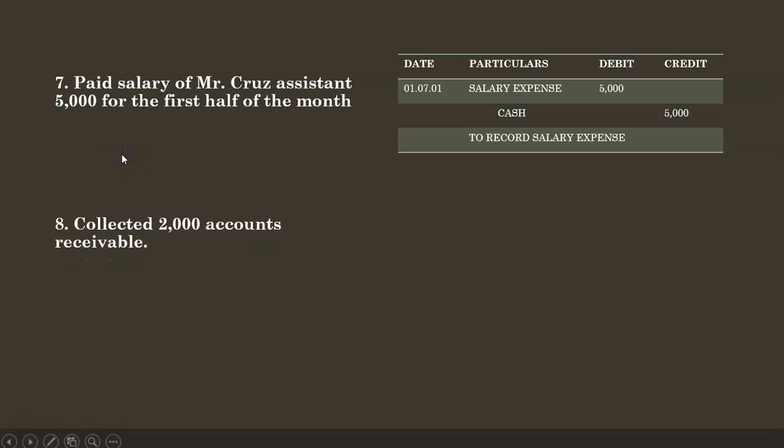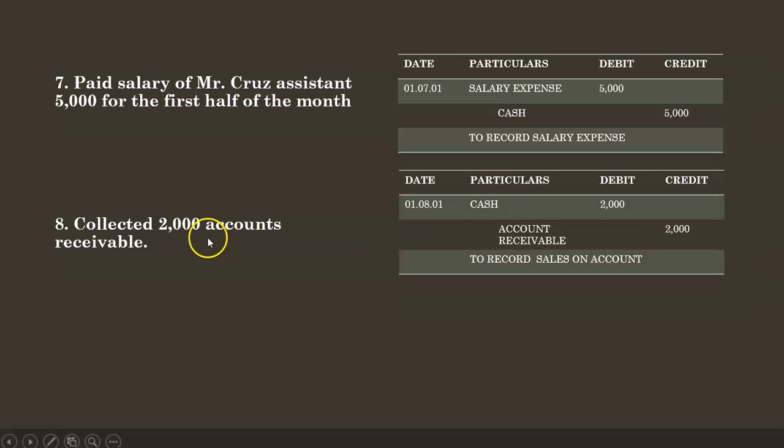Let us try transaction number 8. Collected 2,000 accounts receivable. Okay. This is the payment from John. Kapag ikaw ay nag-collect ng payment, meaning to say, mawawalan ka na ng account receivable. Kaya, let us check the journal entry. Debit cash 2,000, credit accounts receivable 2,000.